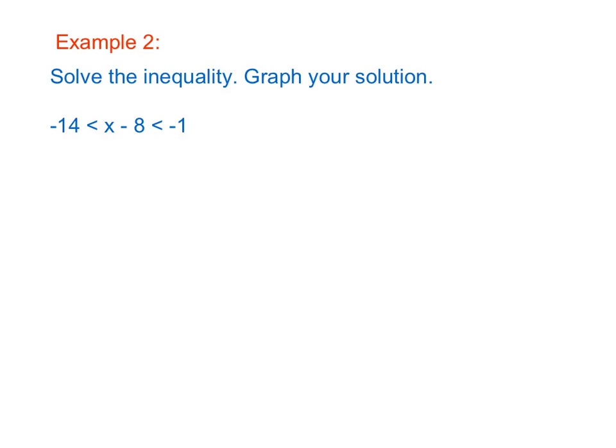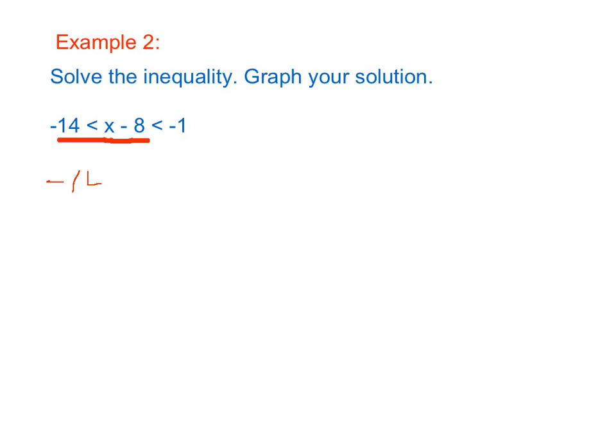Alright, so in example 2, we want to solve this inequality here, and since it's combined like this, it means it's going to be the and, and we can break it apart into 2 separate inequalities and solve from there. So one way we can break it apart is to look at just that part of it. I'm just going to rewrite it.